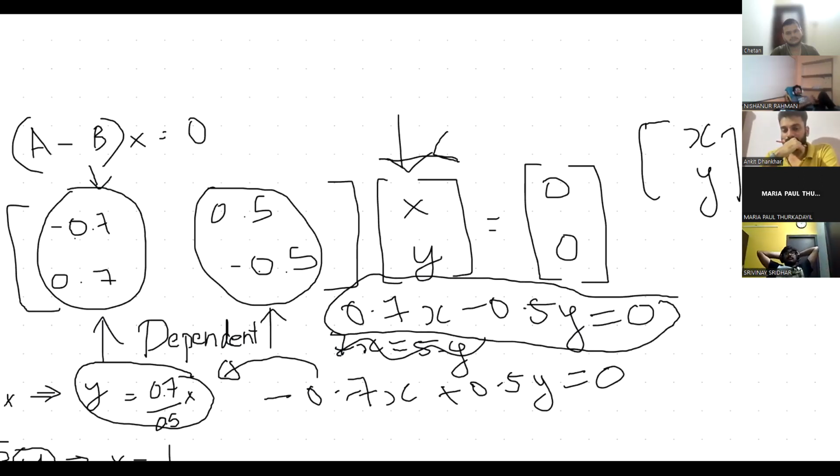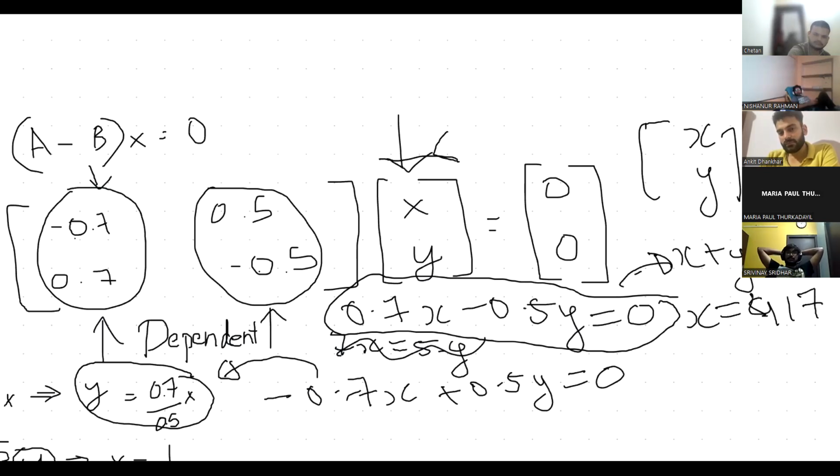So we have two variables, one equation. Can we solve? We can't solve, right? When we use this equation and the equation x + y = 1000, then only we get x equal to, I don't remember the value, I think it was 417 and 583. Yeah, at that time we did.